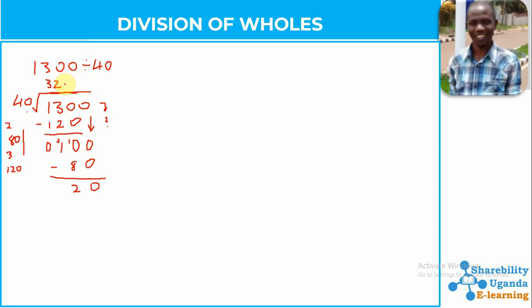When you put a point, it allows us to put a 0. So when you put a 0 here, this becomes 200.